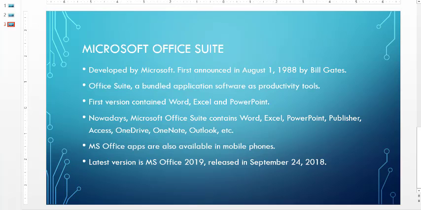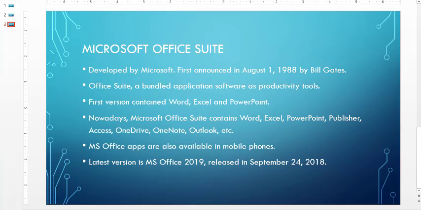The first version only contained Word, Excel, and PowerPoint. However, nowadays, Microsoft Office Suite contains Word, Excel, PowerPoint, Publisher, Access, OneDrive, OneNote, Outlook, and others. Some Office editions have Visio, so it depends.